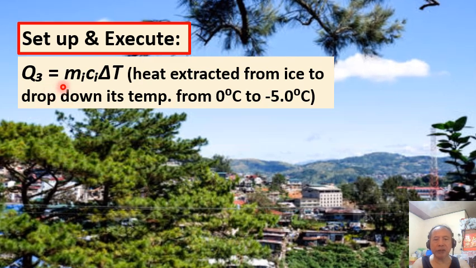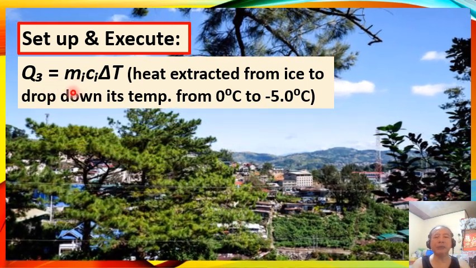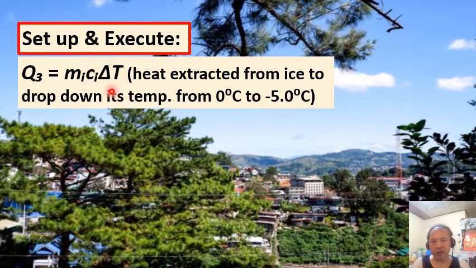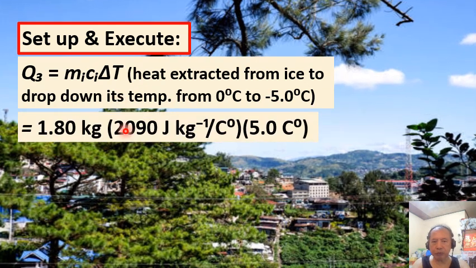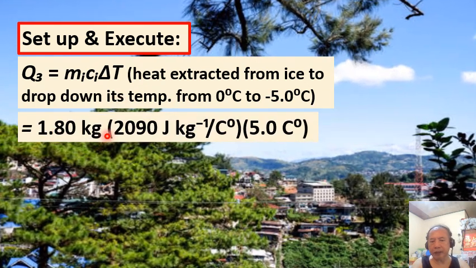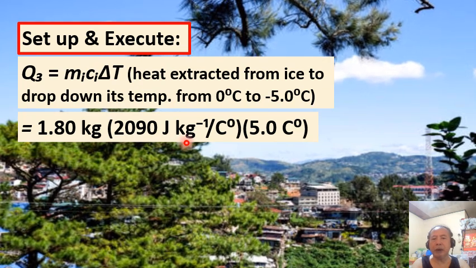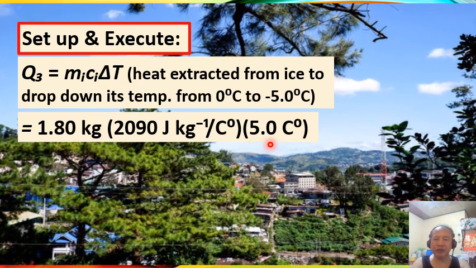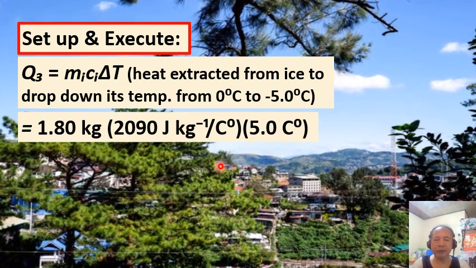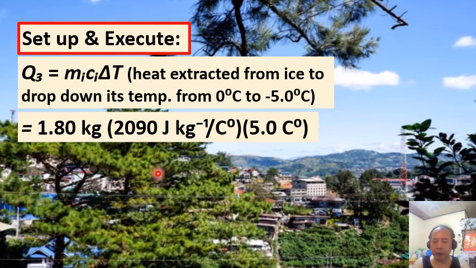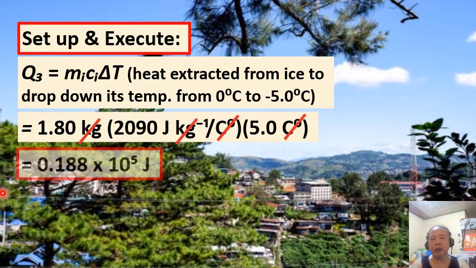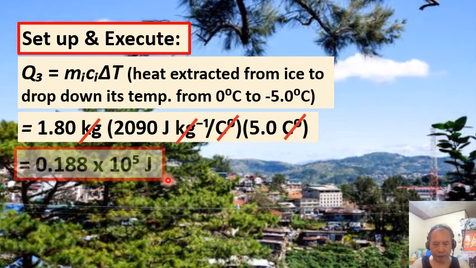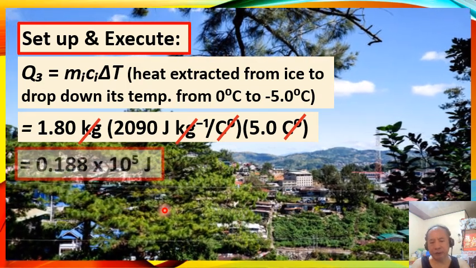Q sub 3 is just determined by multiplying the mass of ice times its specific heat and the change in temperature, delta T. That is, Q sub 3 equals 1.80 kilogram times 2090 joules per kilogram per Celsius degree multiplied by 5.0 Celsius degree, which is the value of delta T. So, when we do our math, we find the value of Q sub 3 equal to 0.188 times 10 to the fifth joules, also in three significant figures.